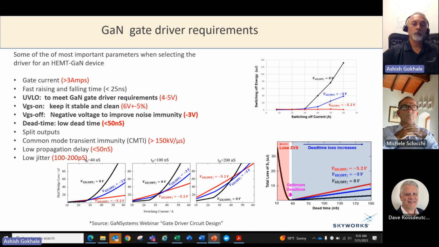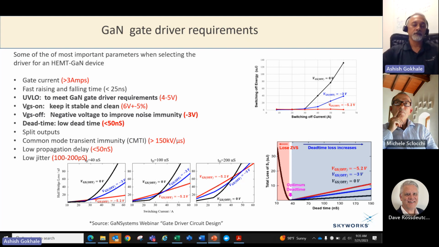Number two would be the transient immunity rating of the driver itself. It's usually specified as CMTI, or common mode transient immunity. Especially for isolated drivers, this is not a trivial performance characteristic. This has to be finely tuned in at the design stage for an isolated driver to work properly.